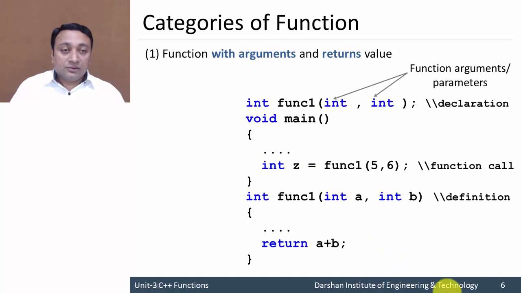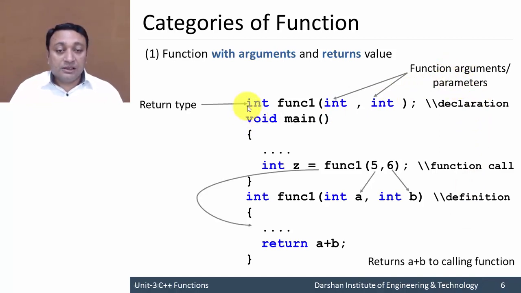So let us discuss it in detail. Here are the arguments, or you can say the list of parameters. Integer is the return type. Once in main you find the function name, it will call the function definition. Your program control will jump to the definition.